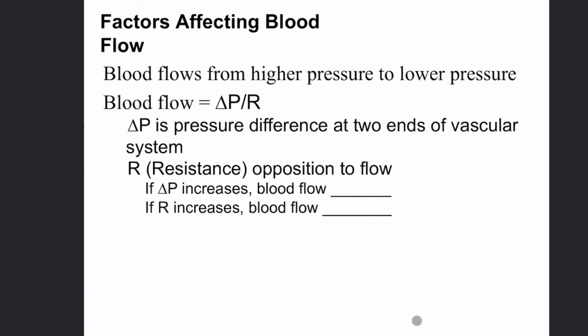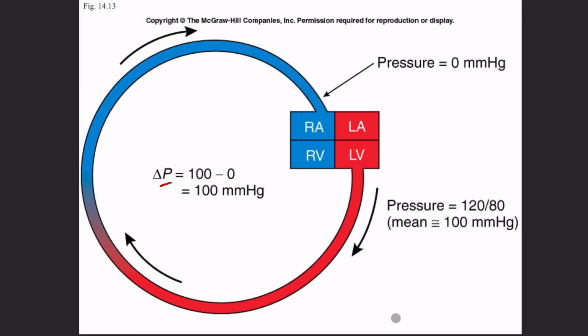So if delta P increases, blood flow will increase. And if R increases, blood flow will decrease. Just based off of this formula right here.